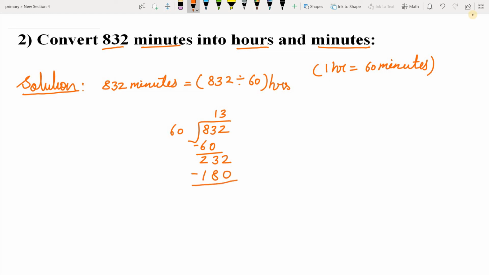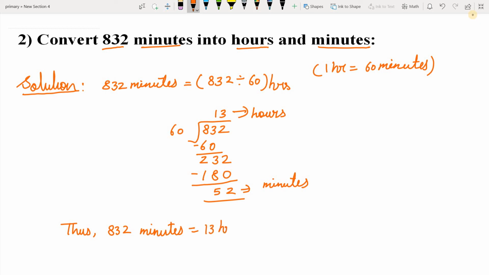Now we will subtract 180 from 232 and we get 52. Students, यहाँ पर जो रिमाइंडर बच गया वो ही क्या है हमारा मिनट्स और जो क्वोशिएंट है वो क्या है आवर्स. Thus 832 minutes is equal to 13 hours and 52 minutes.